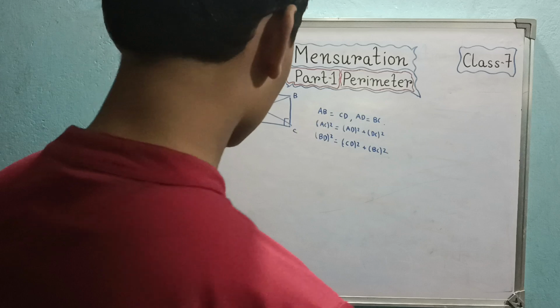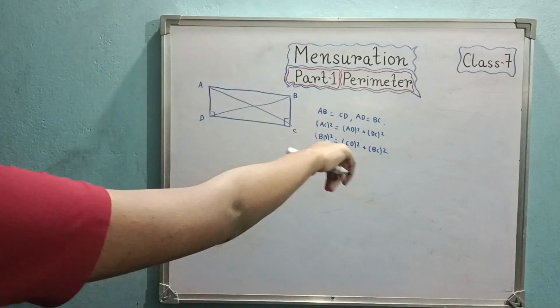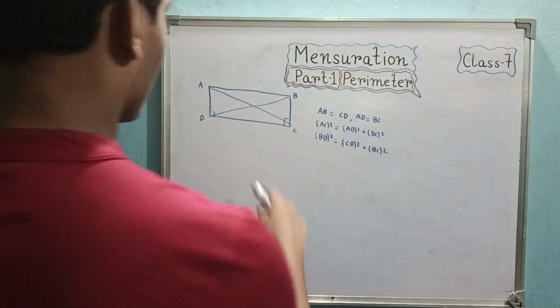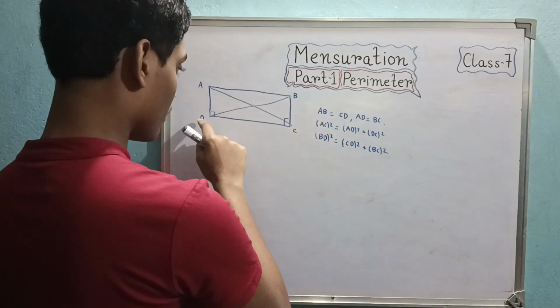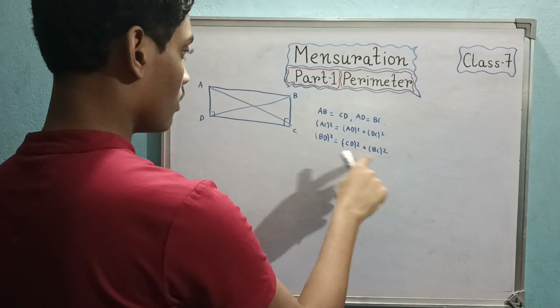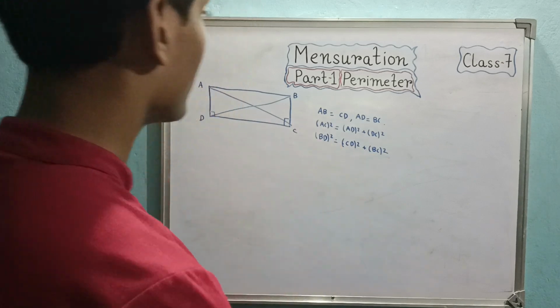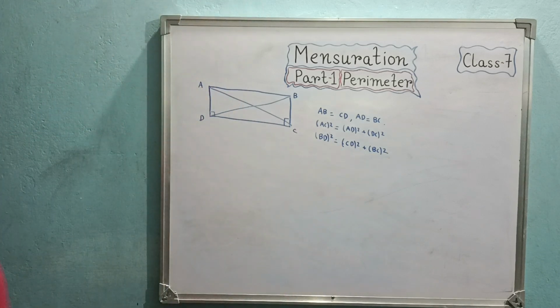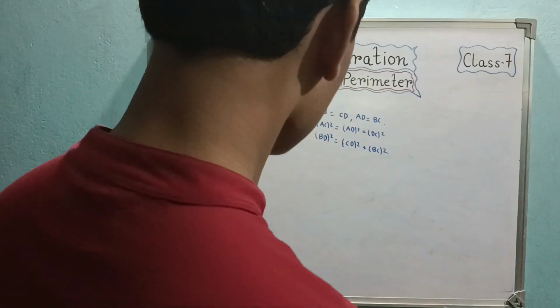So just remember this. For BD as well, this is also a diagonal. BD, the diagonal square, will be equal to BC square plus CD square. So these are the few theorems that you have to consider for a rectangle.